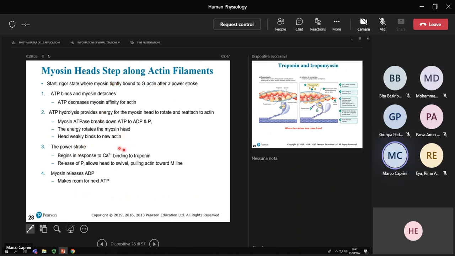This is again a resume of the things that we have already analyzed, but now the question is how an ion like calcium can allow the contraction. How can a calcium ion switch the contraction on?